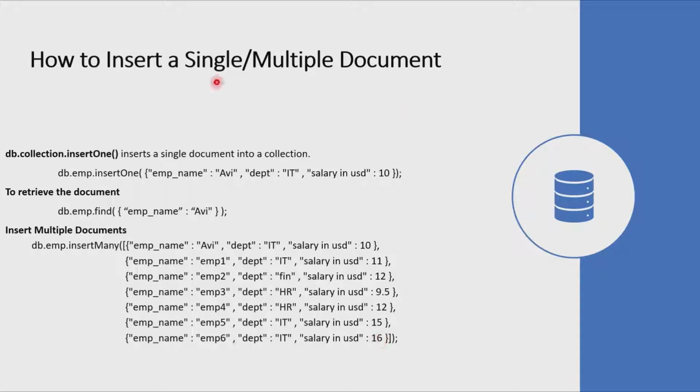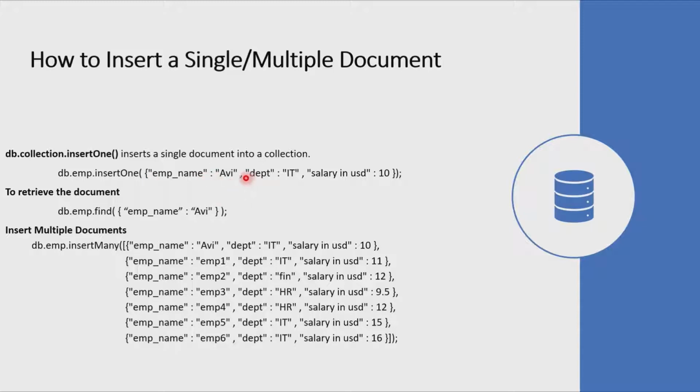So how do we insert single or multiple documents in MongoDB? We have to use this on Mongo shell. We use the keyword db dot then the collection name dot insertOne. Then we have the round bracket start, then curly brackets, and then in single quotes we give the name of the first field, then colon, then the value of that field.